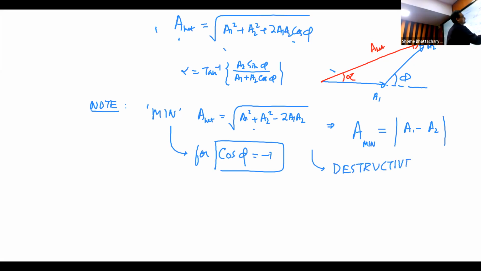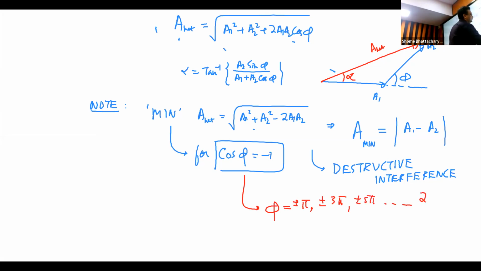So these are the two extreme cases of interference, constructive and destructive interference. The condition for destructive interference is that our phi should be of the type plus minus pi, or plus minus 3 pi, or plus minus 5 pi, or in general an odd integer multiple of pi.